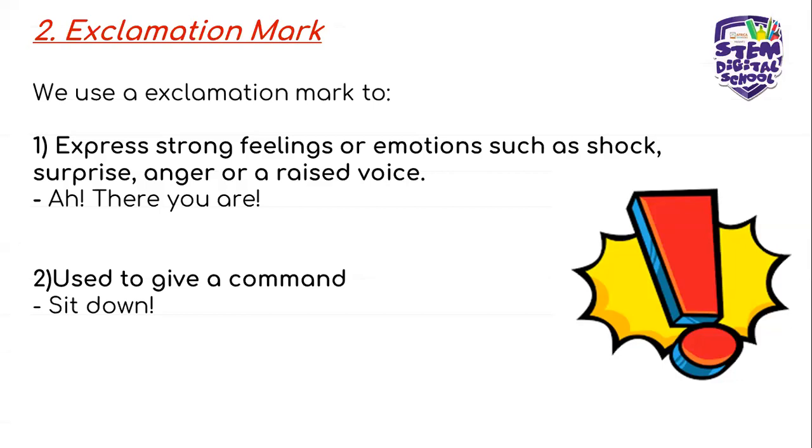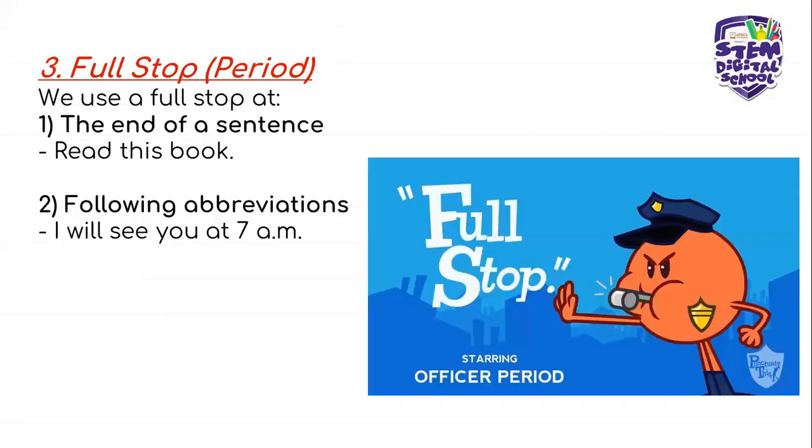Now the next one is a full stop. It's also called a period. That is the easiest one. You've used it almost your entire life since you've been writing and since you've been reading. So we use a full stop at the end of every sentence. If there isn't a full stop, it's not the end of the sentence.